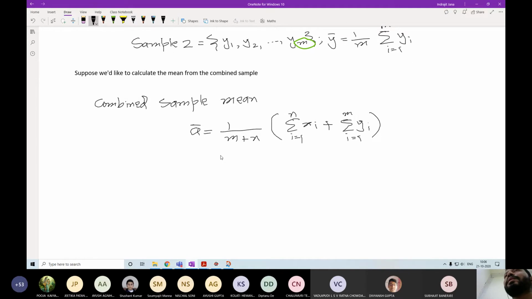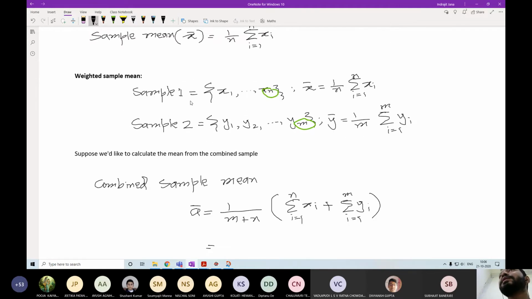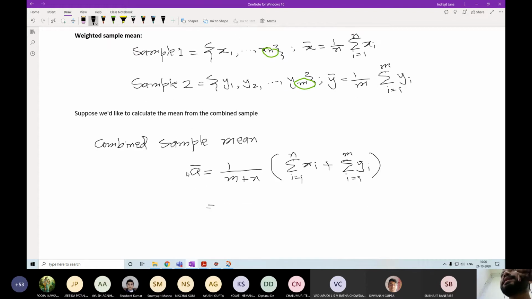But if you want to write this combined sample mean in terms of the sample means of sample 1 and sample 2, essentially I want to write this a bar in terms of x bar and y bar. The way you would do it is also very easy. That is 1 over m plus n.